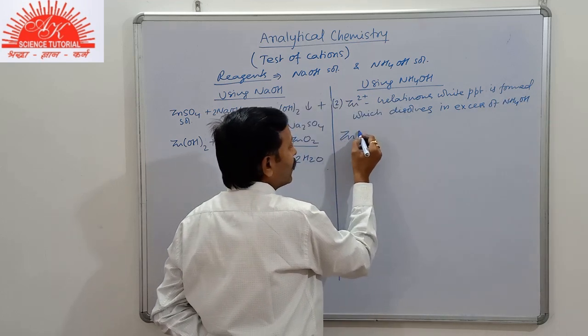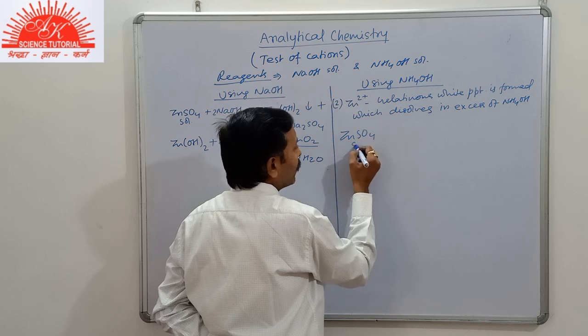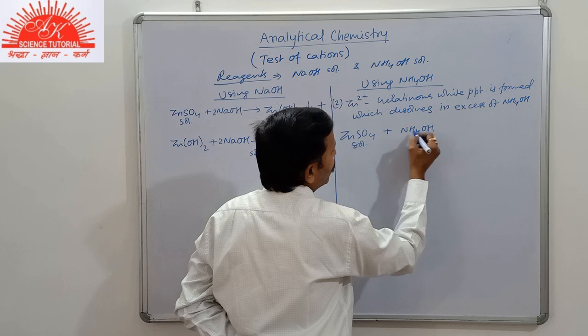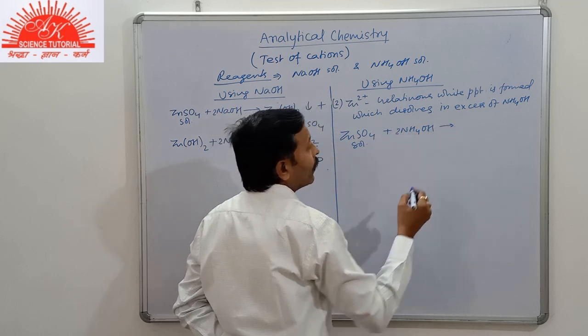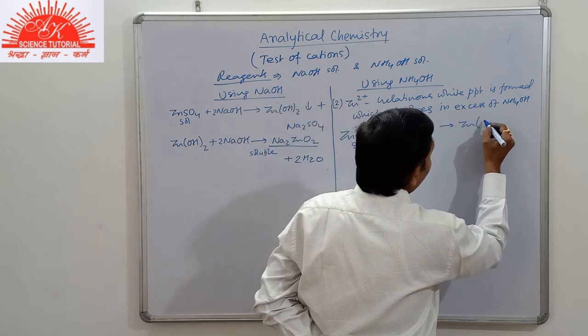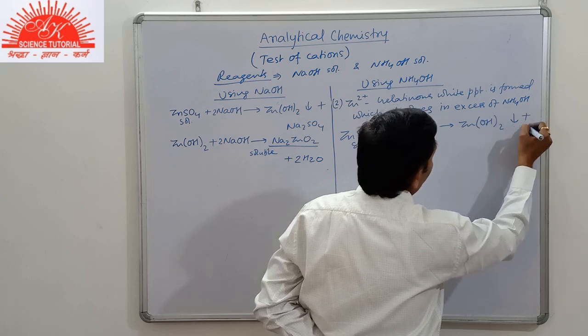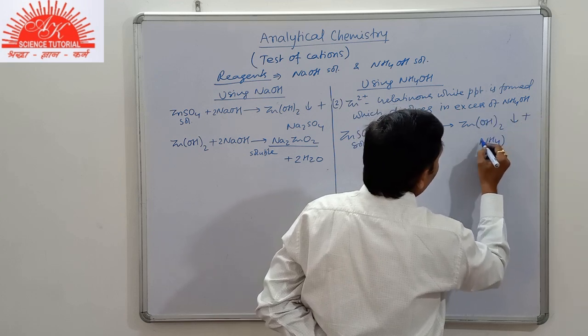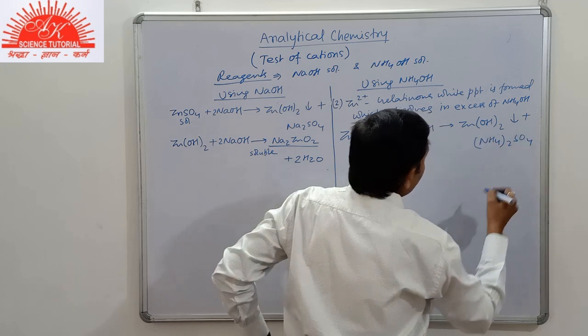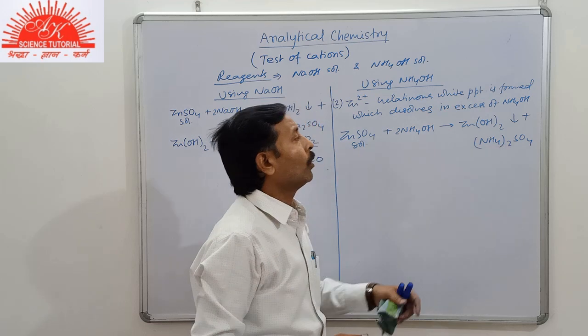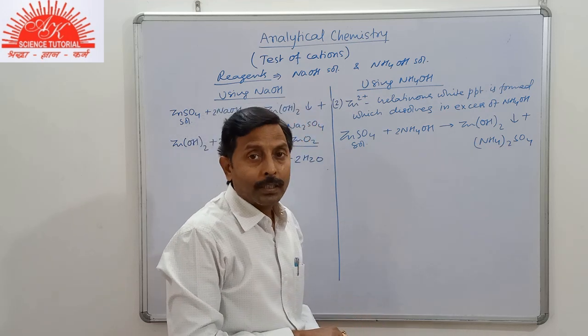On the similar basis we have the reaction ZnSO4 plus NH4OH gives Zn(OH)2, again white precipitate, plus (NH4)2SO4. So just like NaOH, there is (NH4)2SO4, that is ammonium sulfate.